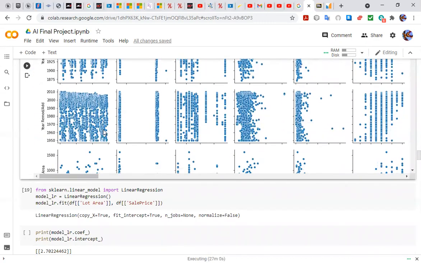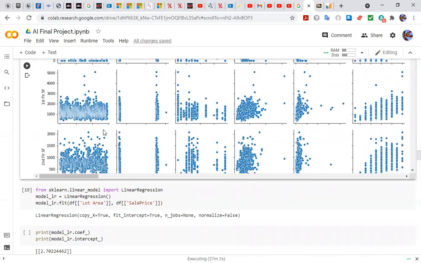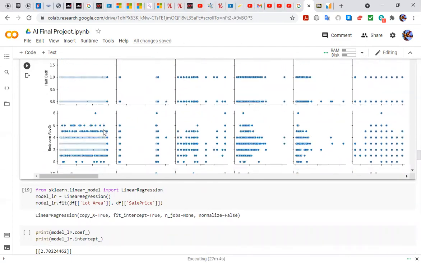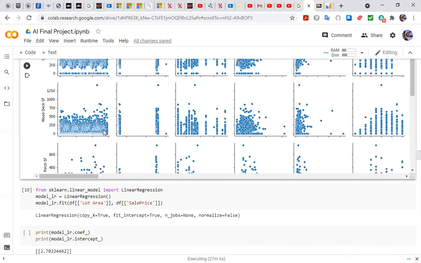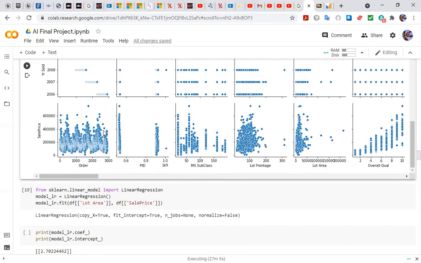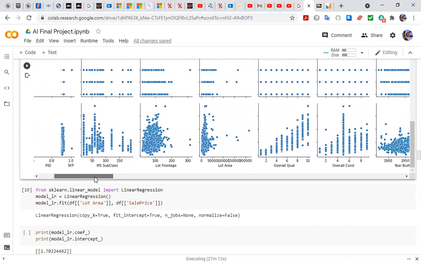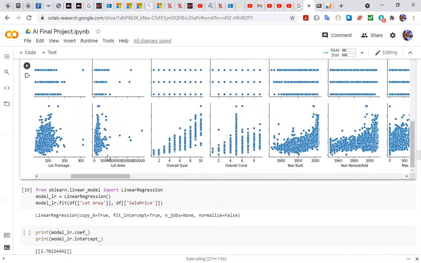And then the sale price should be further down at the bottom. See, this is the analysis of all the sale prices. And this is the area that we're looking at here, the sale price and the lot area. You see how the representation of the graph is: as the lot area increases, so does the price.